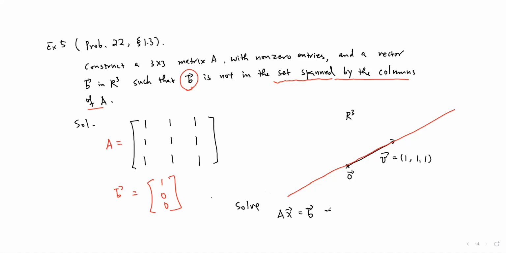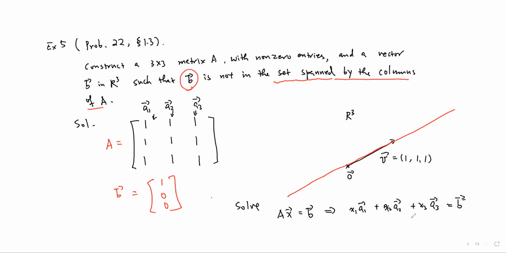Recall that a matrix times a vector, let me name the columns A1, A2, A3, is X1 times the first column, X2 times the second column, X3 times the third column, equal to B. A matrix equation is a vector equation.